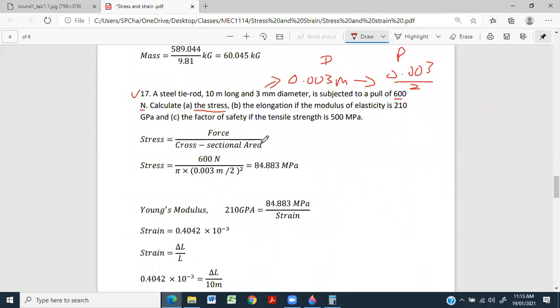We plug this into our pi r squared formula: pi times 0.003 divided by 2, squared. Plugging into our stress formula, 600 newtons divided by pi times (0.003 divided by 2) squared is equal to 84.883 megapascals.